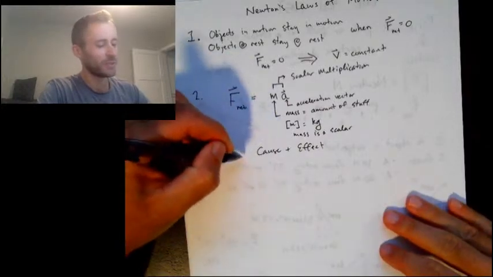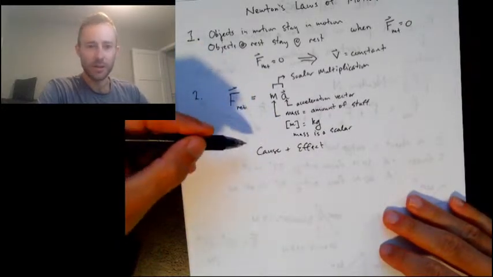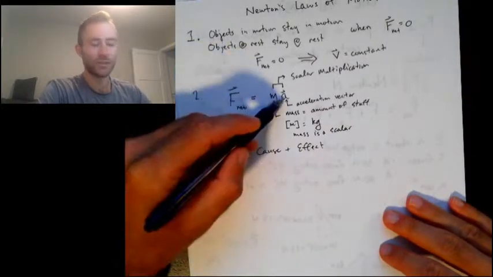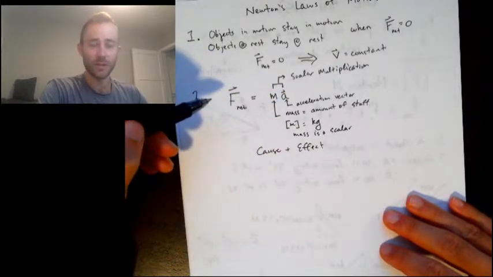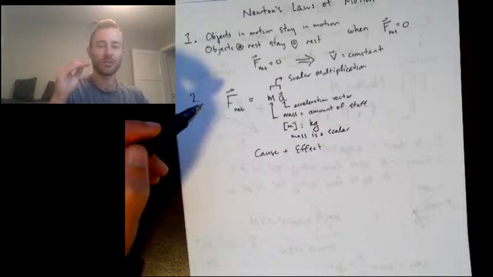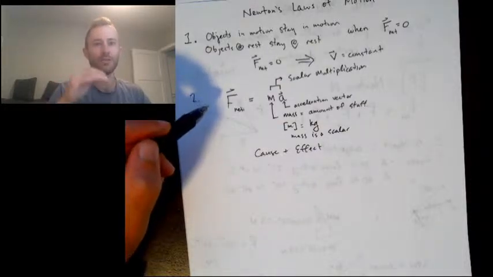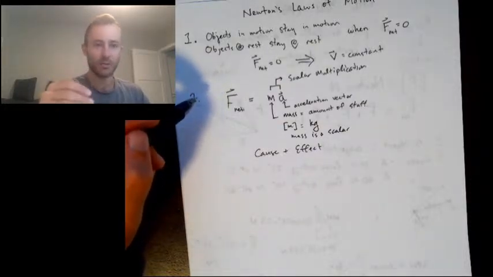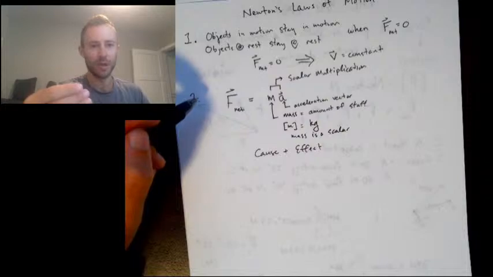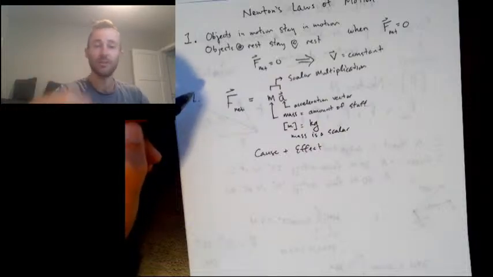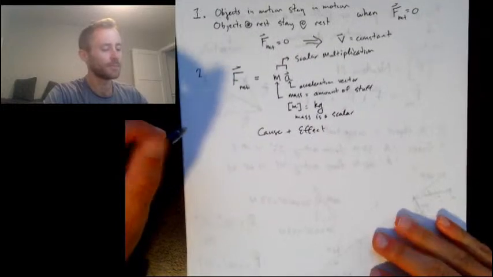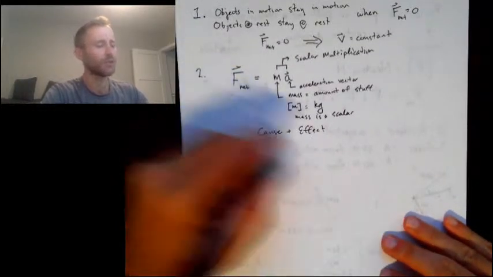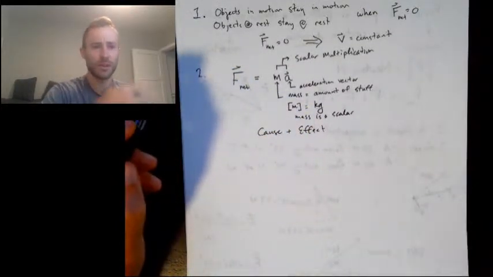But this is basically saying that in order to cause the motion to change, you need to have a net force to do that. So the motion is not going to just change spontaneously. There has to be a cause to make the state of motion change. So if the velocity is going to change, there has to be a reason for it. So I always think about Newton's second law as basically stating cause and effect.